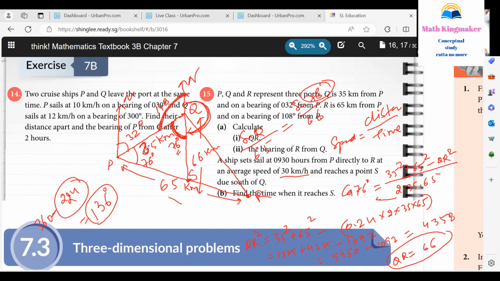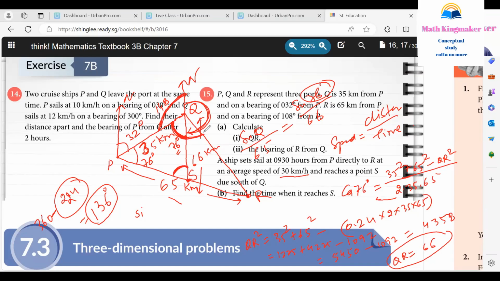So can you re-explain part B? Actually, it's very simple. You will use sine rule. How much is this angle? This is not 76 actually. 76 is this angle.